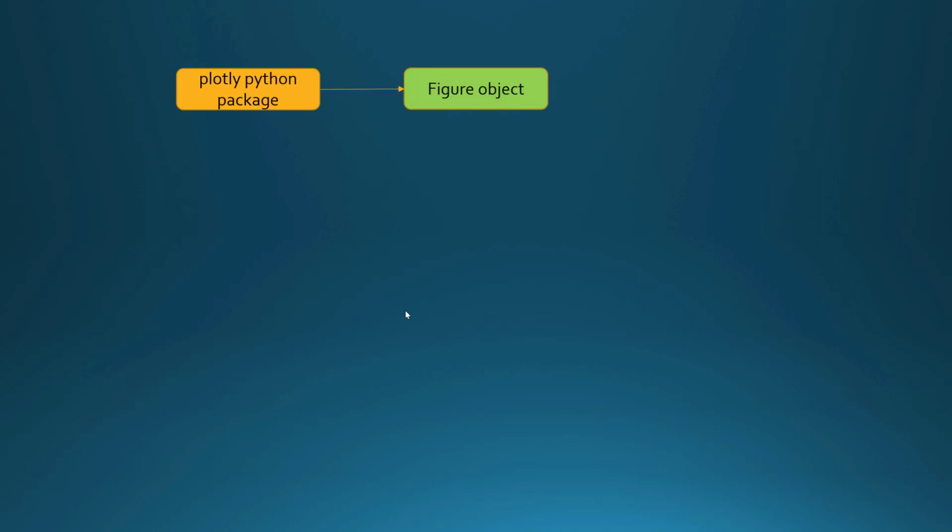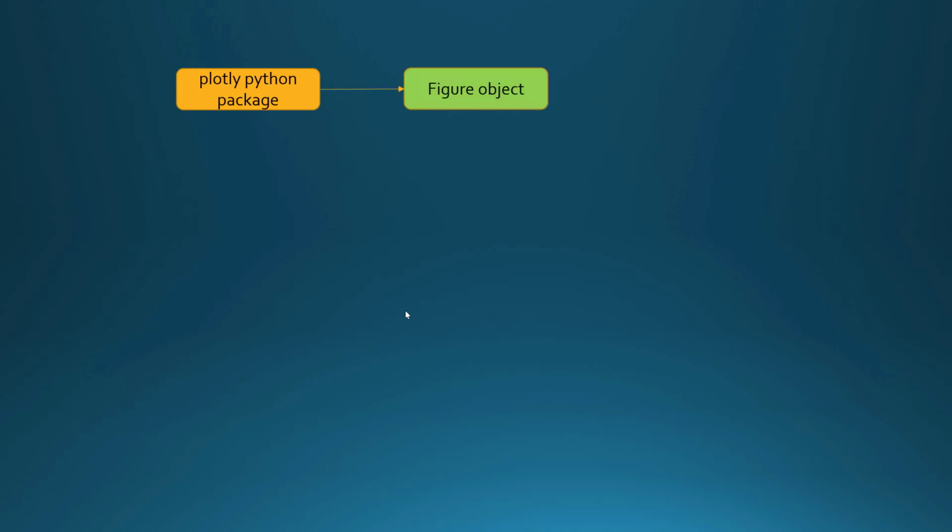So if we think about how we can create graphs in Plotly, we are mainly using our Plotly Python packages, right? So we are mainly writing Python code to do everything over here. We are not writing any kind of JS or HTML, because at the back end Plotly handles most of the stuff. So from our Python package, basically we create figure objects.